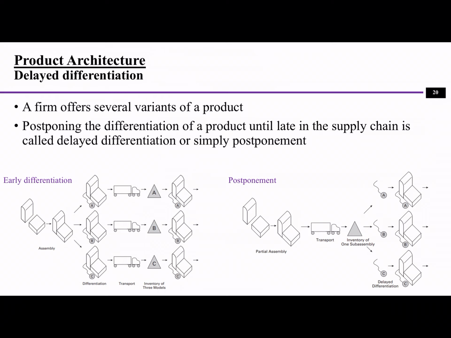For example, if A, B, and C are different companies in different countries, and they only have different packages in different languages, then if we do that at the factory, the factory probably has to hold a lot of inventory of these packages, and also the company is not sure what quantity of the products will be purchased by the customers from each of the destinations.